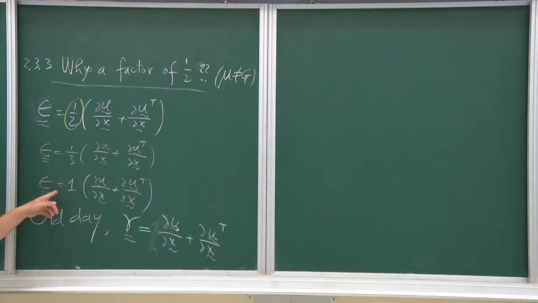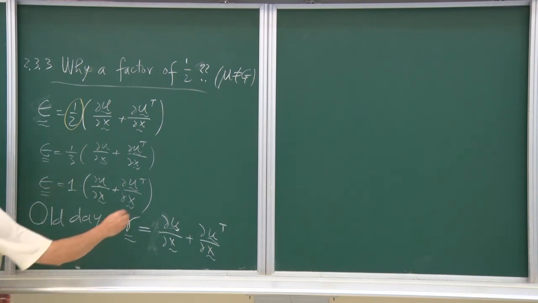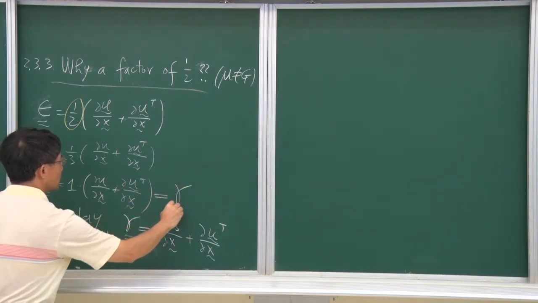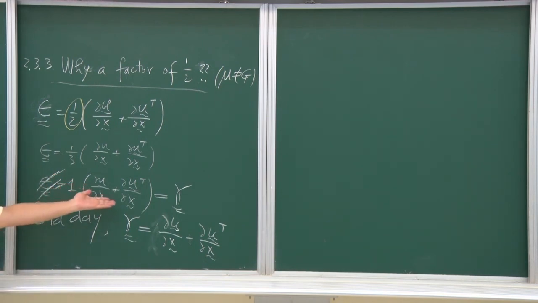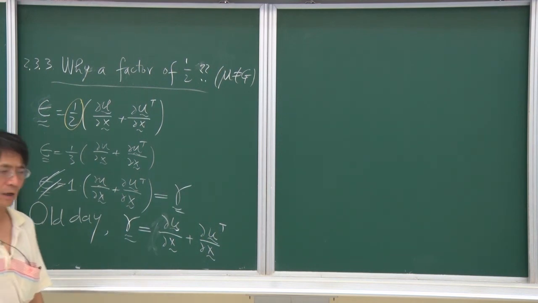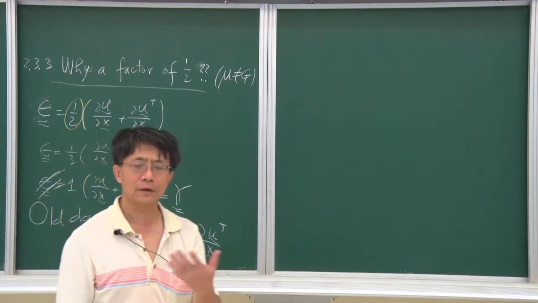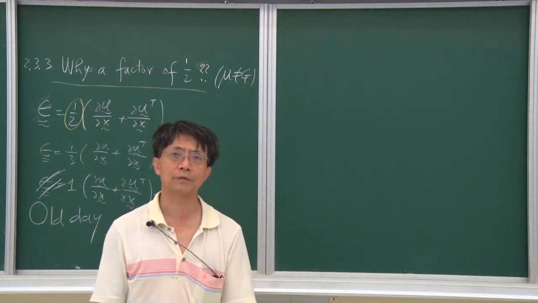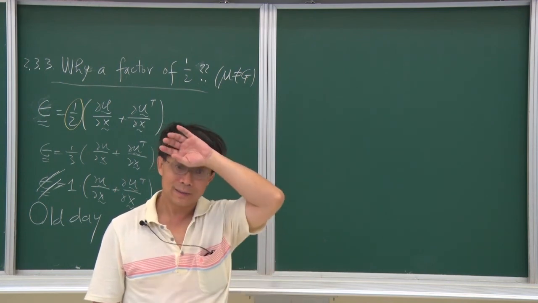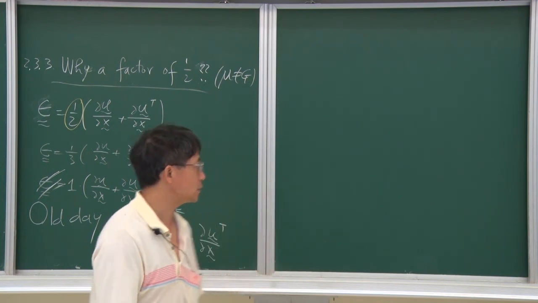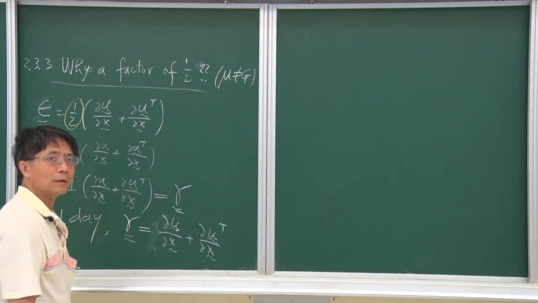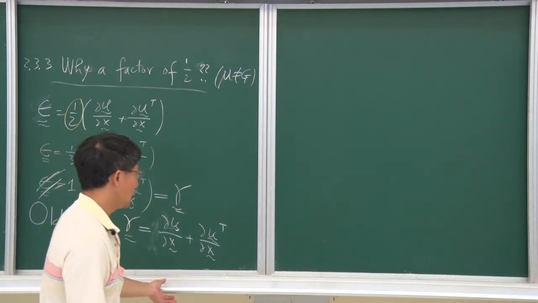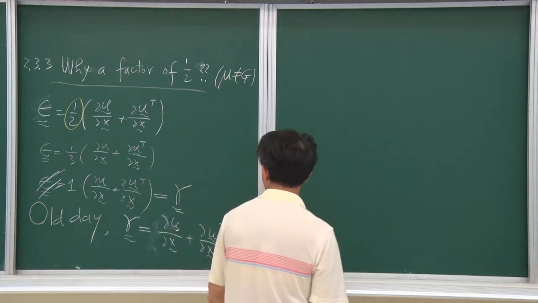It means that in the old day we defined a strain like this. Okay, but after the development of the theory, it is found that it is better to have a 1/2 here. And now let me explain to you why we have 1/2 here.